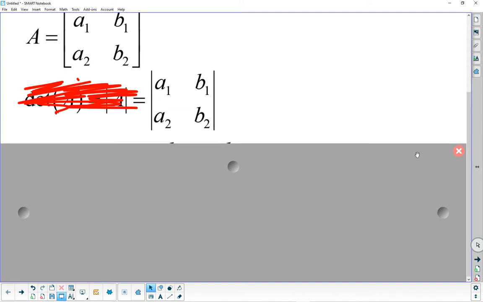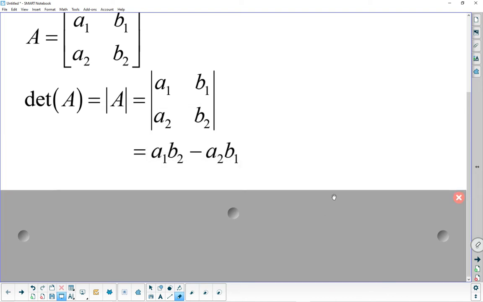The determinant of matrix A is equal to A1 times B2. I like to start out this way, and this is always going to be the case: the downwards diagonal multiplied together, minus the upwards diagonal multiplied together.